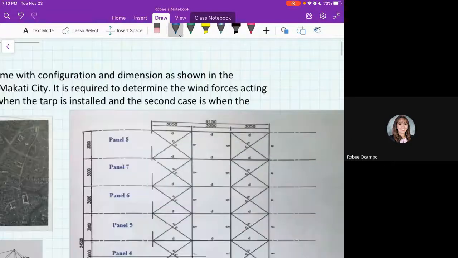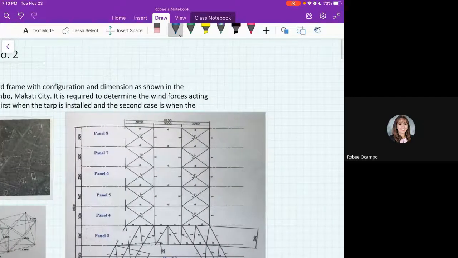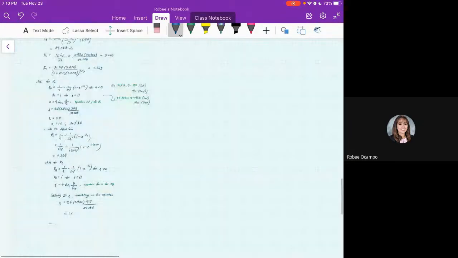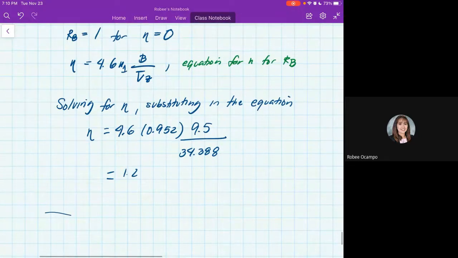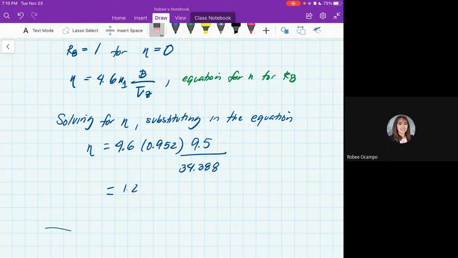Yeah, looking at the figure, 9.15 nga. So, thank you. So, this is 9.15. So, ilan yon? 1.165, ma'am.